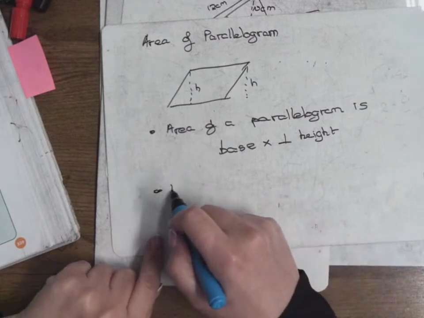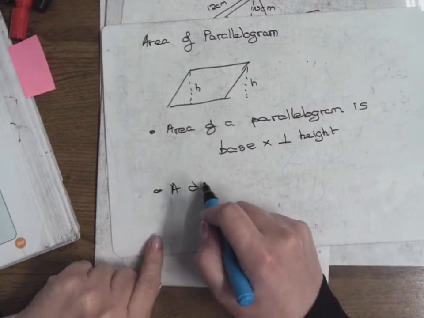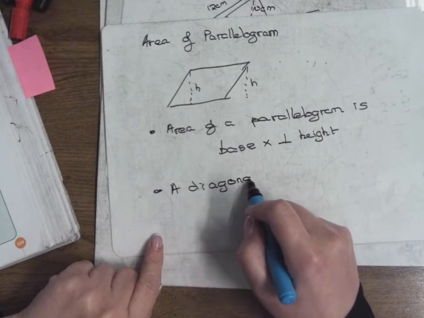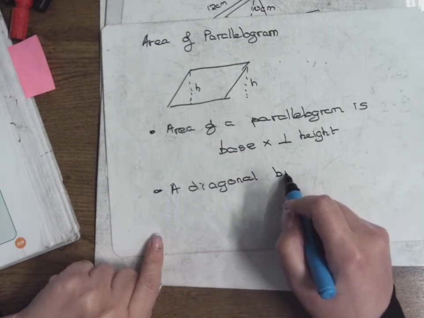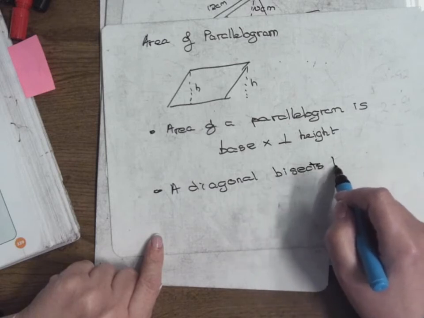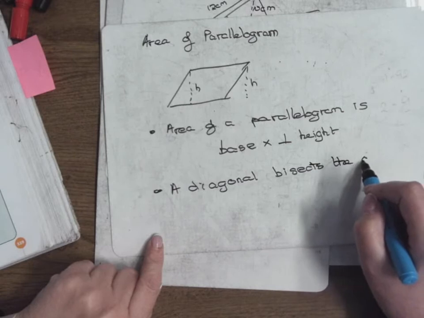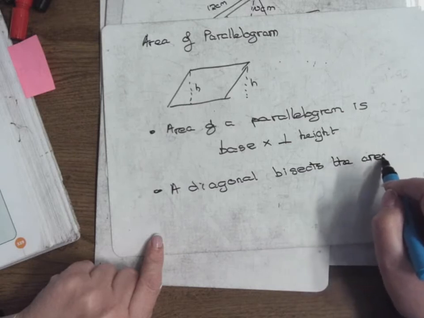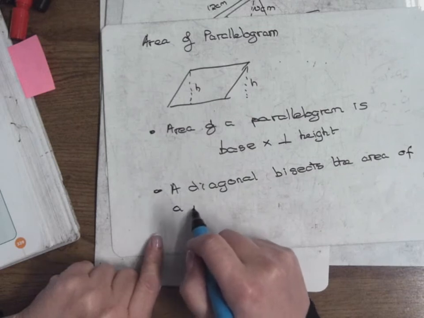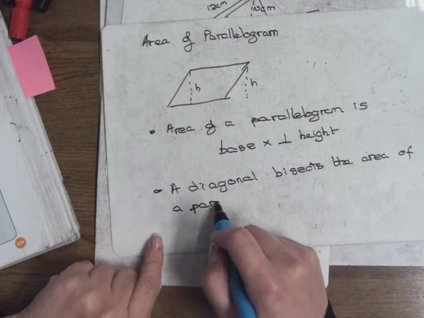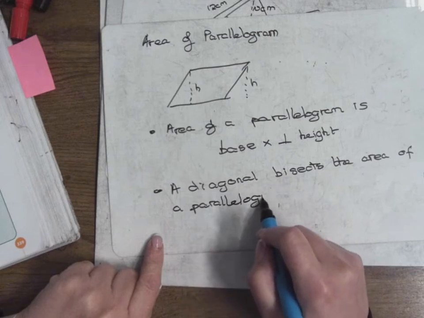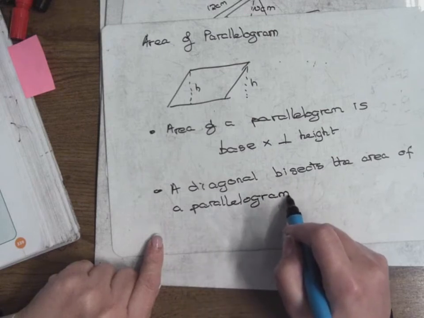And the second one is a diagonal bisects the area of a parallelogram. So what does bisect mean?